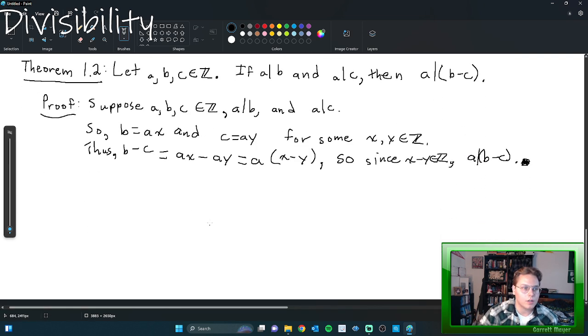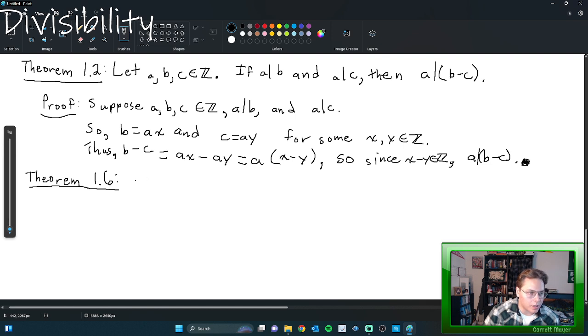Does that make sense? Okay, let's do one more proof with divisibility. This one is going to be a little bit different because here we're going to show multiplication. And this one is theorem 1.6. A lot of times it'll skip numbers. That's just because some of these are exercises, or I decided not to include them because the theorems are kind of redundant.